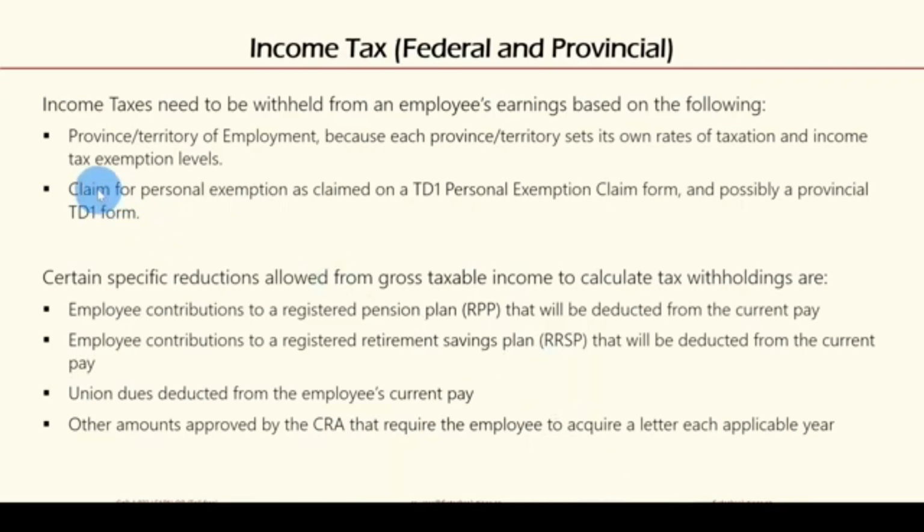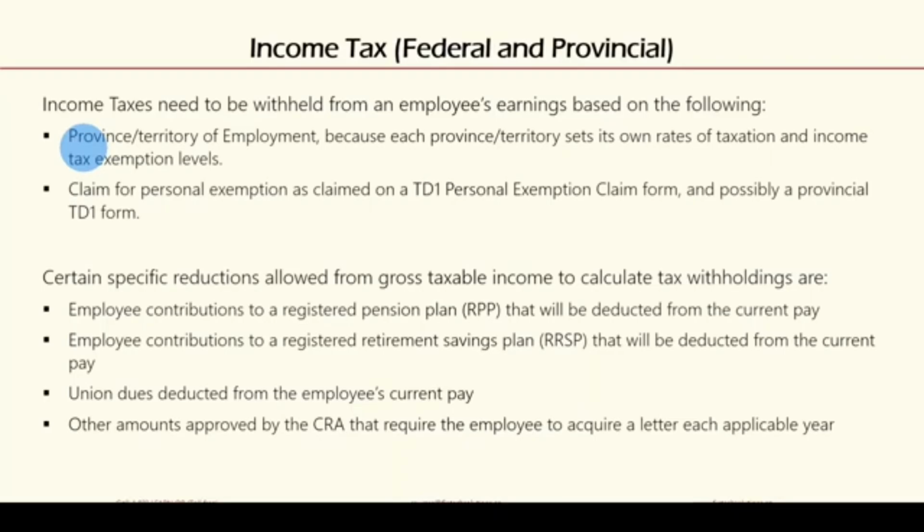As we know in Canada, every province or territory sets its own rates, and that's why we must know in which province or territory the employee is working, so that the rates can be applied for taxation and income tax accordingly.